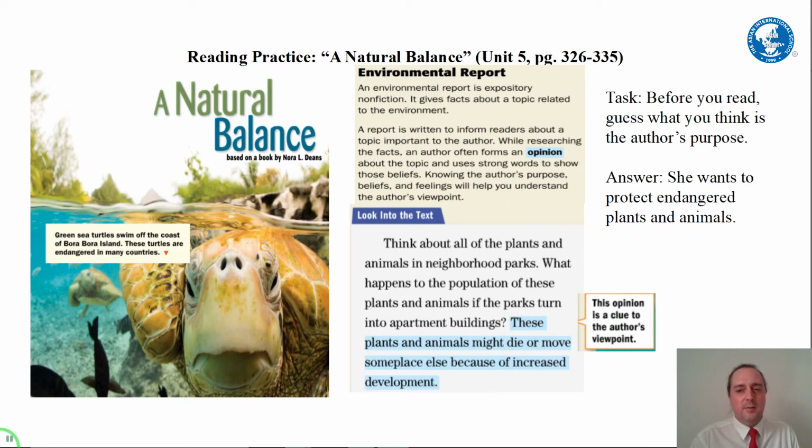So I think what the author is trying to say is that she wants to protect endangered plants and animals. So let's read this environmental report, and now we will figure out her viewpoint, her opinion, and her purpose for writing A Natural Balance.